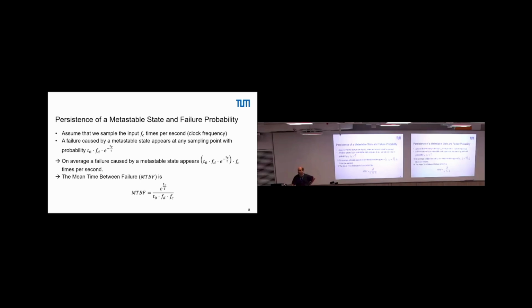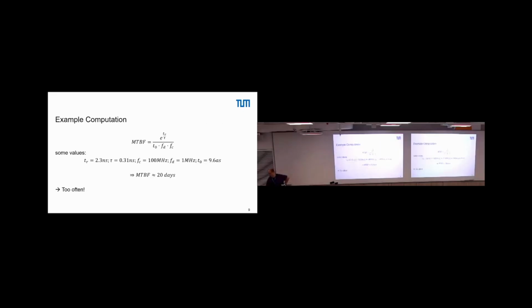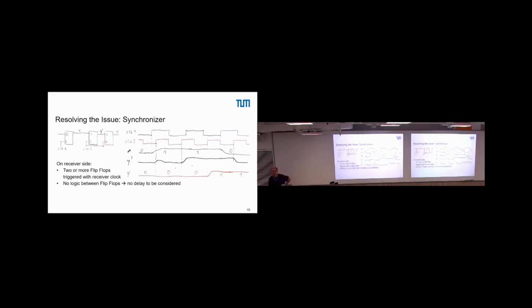What can we do to resolve this issue with this too short mean time between failure? In other words, what was the solution for the metastability issue? Synchronization. We put a synchronizer, and the synchronizer is just a series of flip-flops. It's kind of a shift register. So the solution on a circuit level is pretty simple.